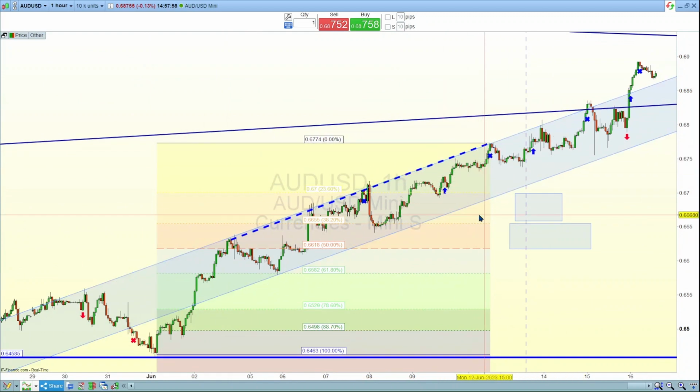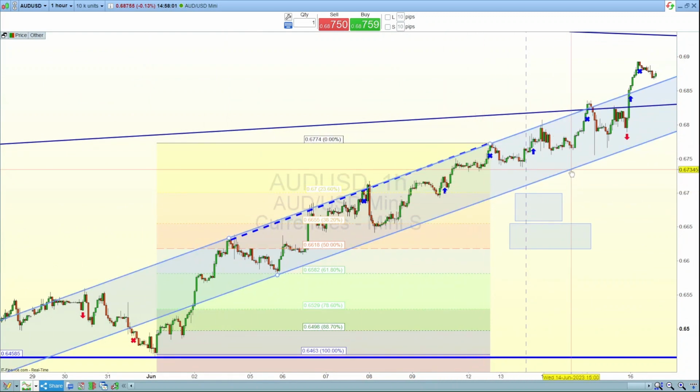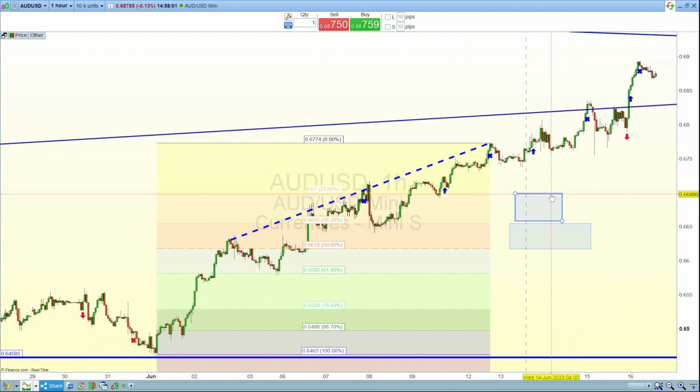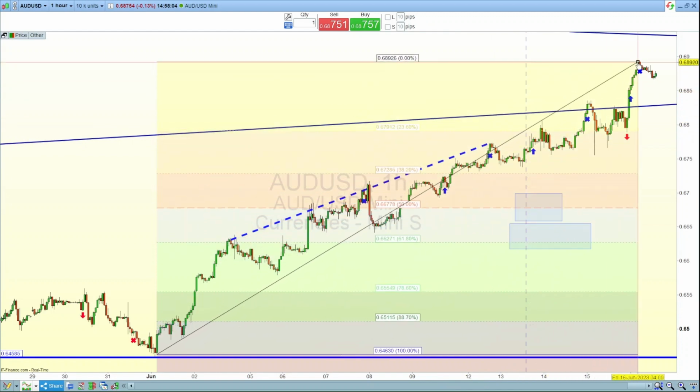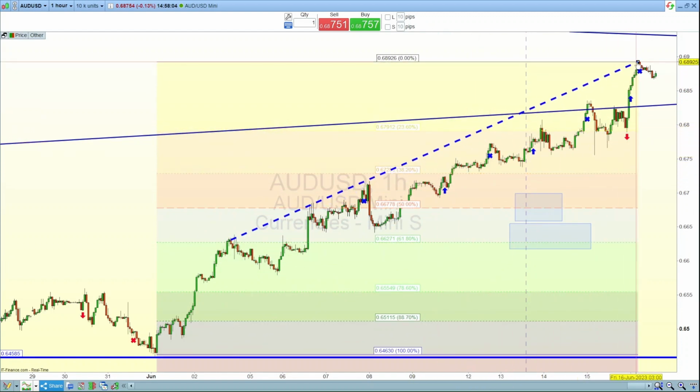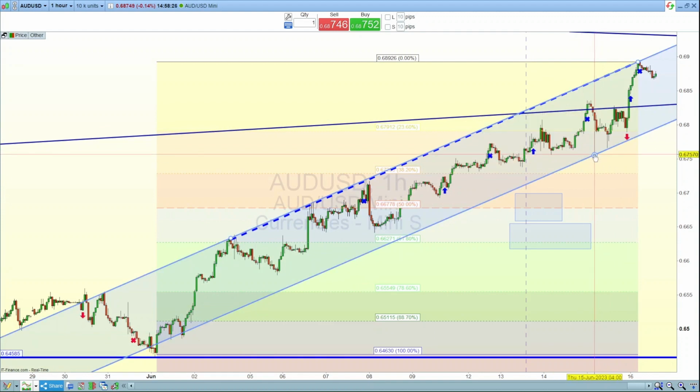And I'm going to delete all these parameters because they were based on, in fact, I'll leave those boxes there. I'm going to move that Fibonacci to that high, and I'm going to move that trend line to that level there. So for example, once we see this channel break to the downside, it needs to break below that bottom candle.